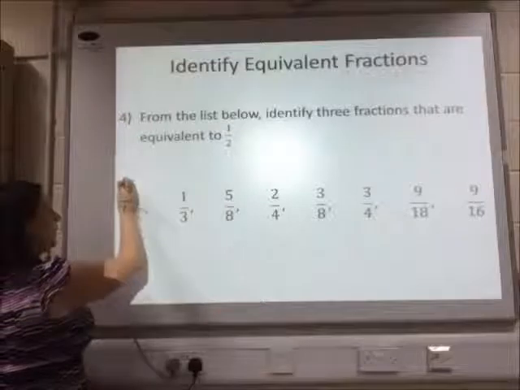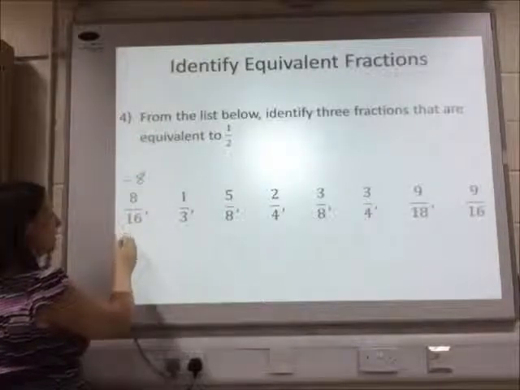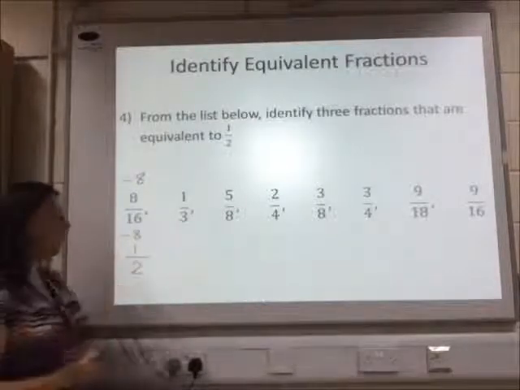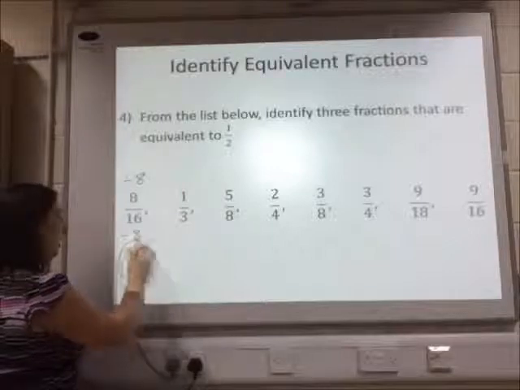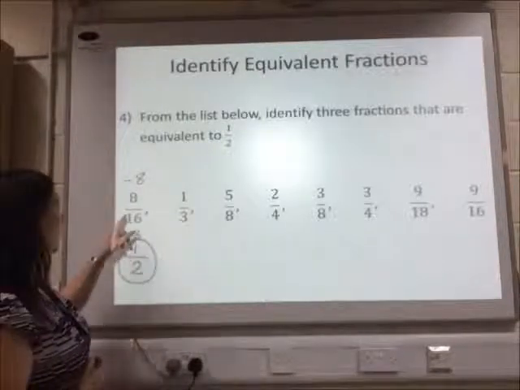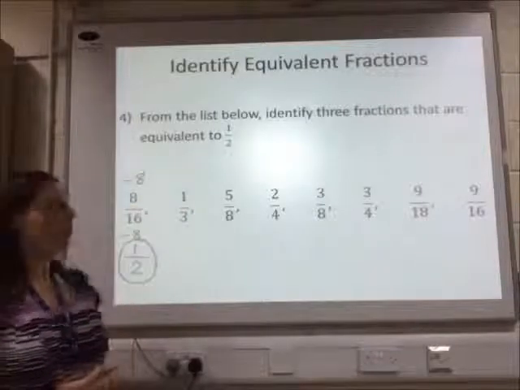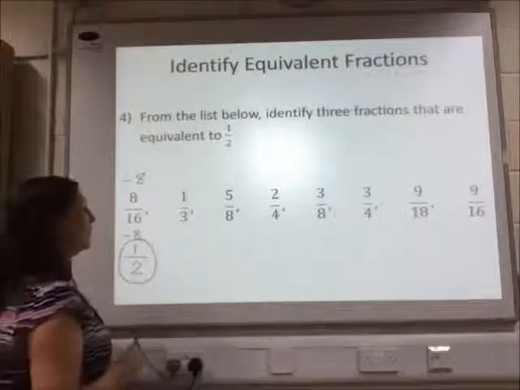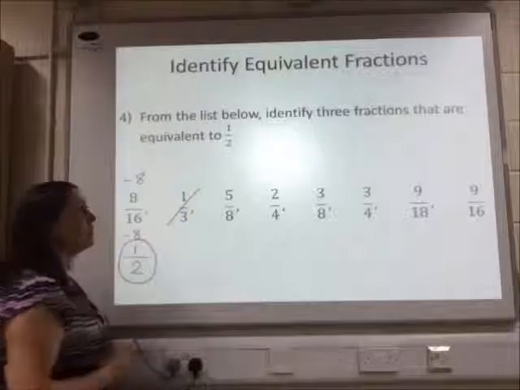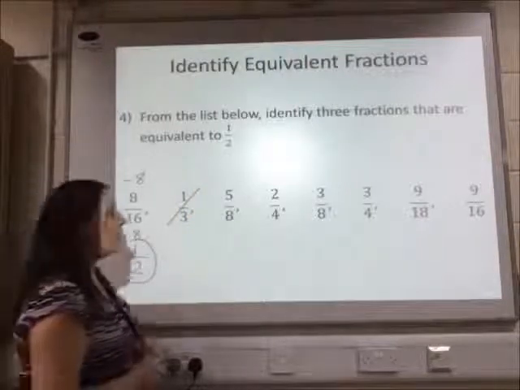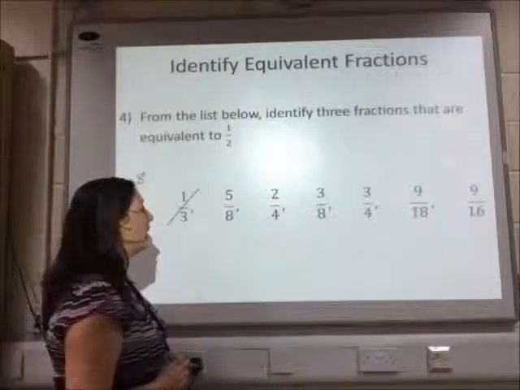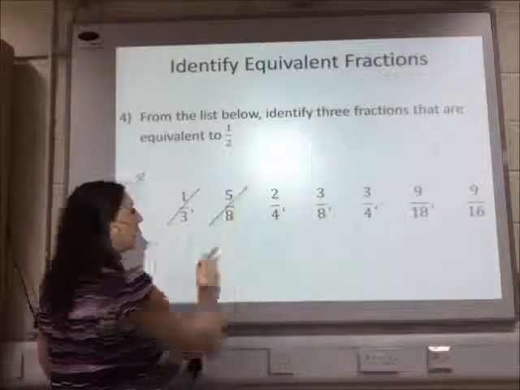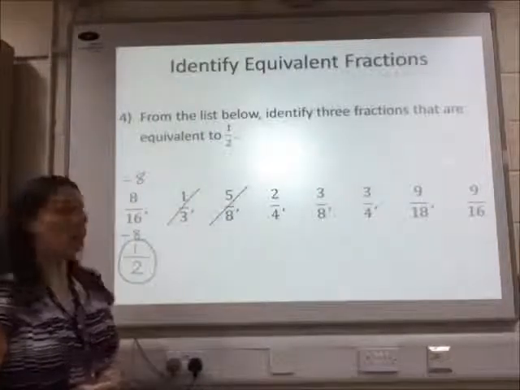So if I divide both top and bottom by 8, 8 divided by 8 will give me 1, and 16 divided by 8 will give me 2. 1/2 is my final answer, and so 8 over 16 is equivalent to 1/2. 1/3 does not cancel down any further, and so 1/3 is not equivalent to 1/2. 5 over 8 do not have a number in common either, and so 5 over 8 cannot be cancelled down, and so 5 over 8 is not equivalent to 1/2.